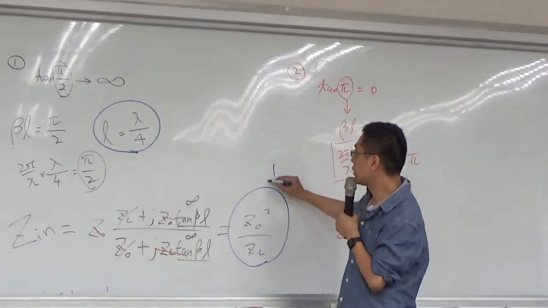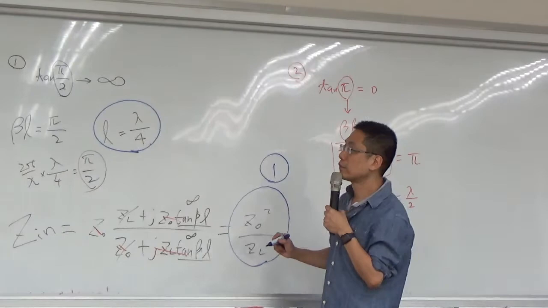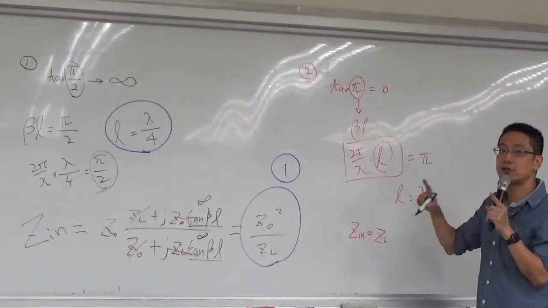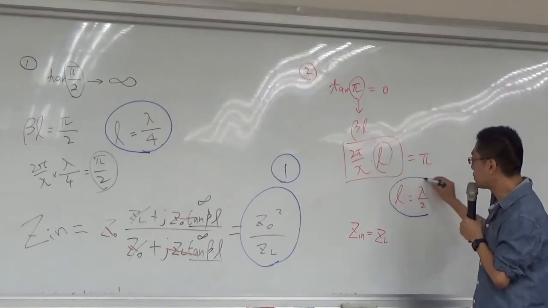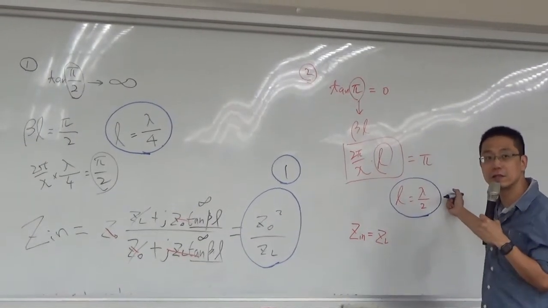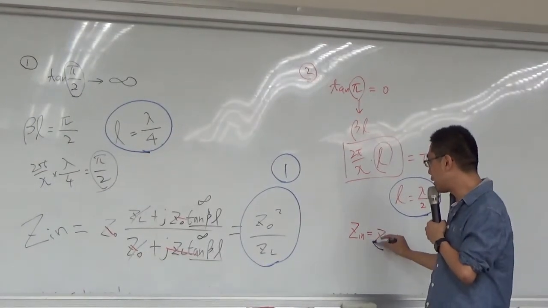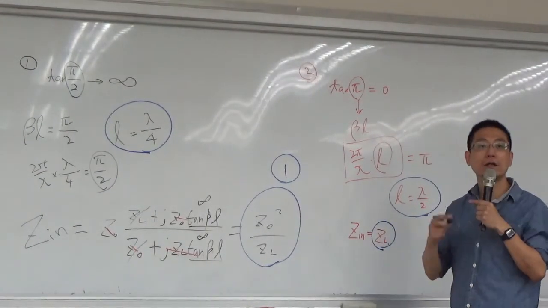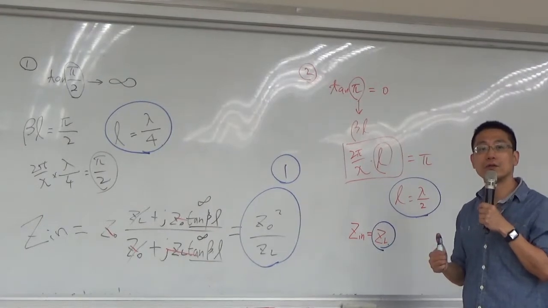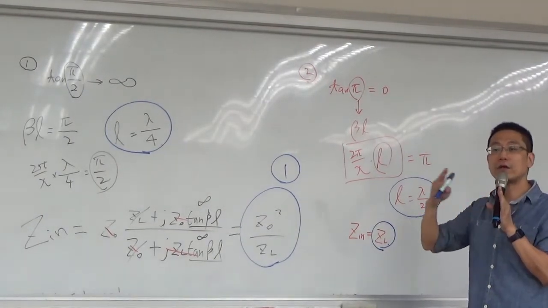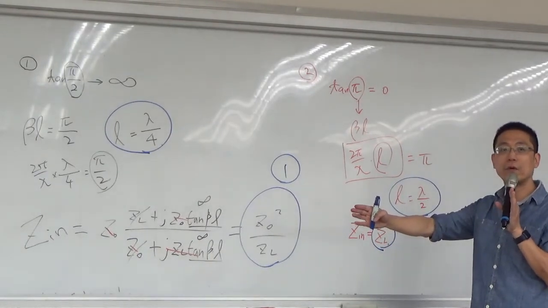This is the first case. If your transmission line is half a wavelength, your input impedance is the same as your load, which means there's no change after half a wavelength.